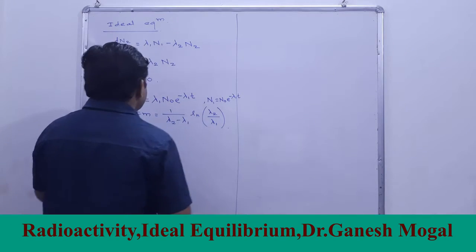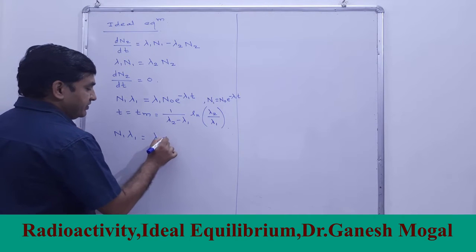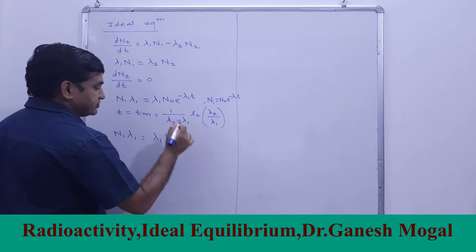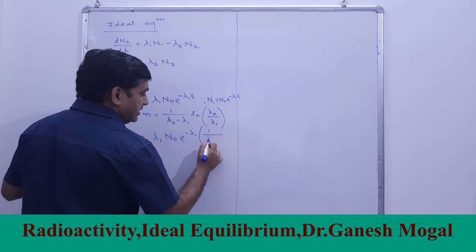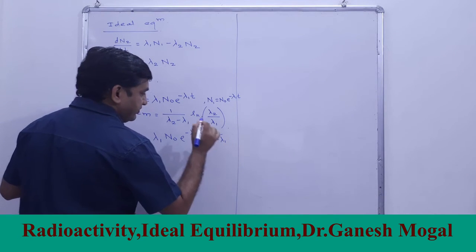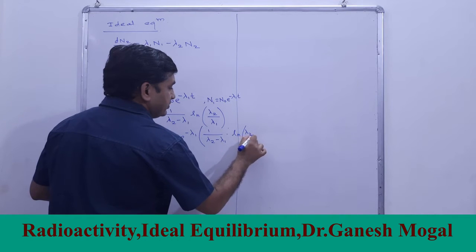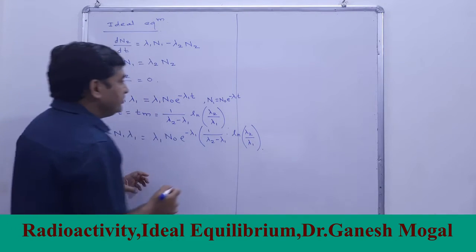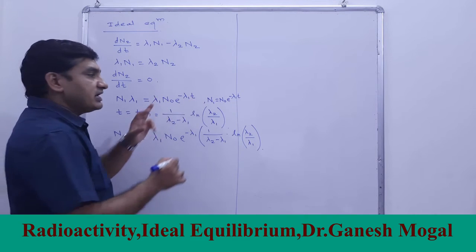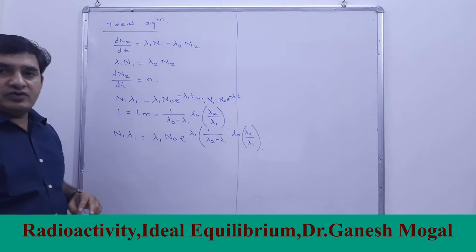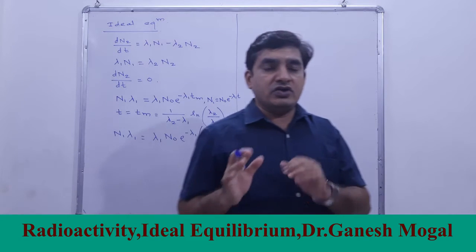Now this equation can be written as N1 lambda 1 equal to lambda 1 N0 e raised to minus lambda 1 into the bracket 1 upon lambda 2 minus lambda 1 into ln of lambda 2 upon lambda 1, when we put the value of Tm, where t is considered as Tm, the time for which the activity of a parent is equal to the activity of a daughter.